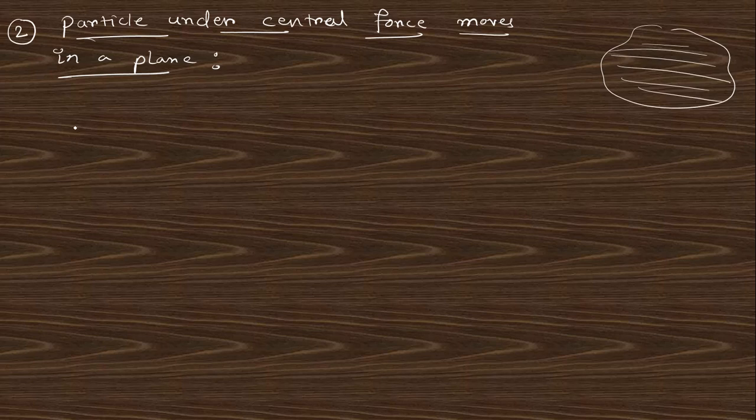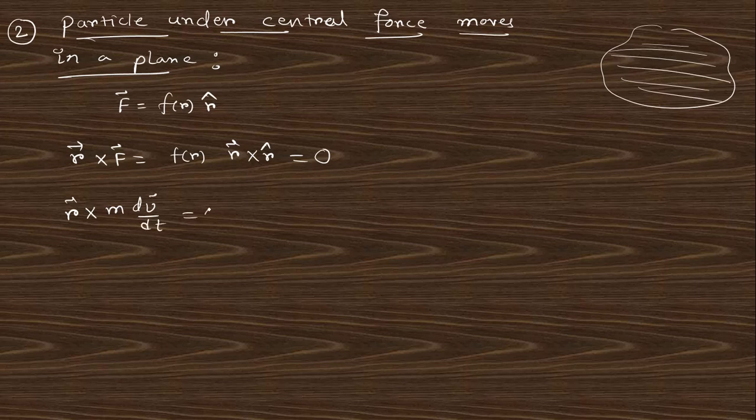Why? Because this central force can be written as f of r times r cap. Now if we take r cross f, this will be f of r times r cross r cap, which gives you 0. So r cross f, where F is m dv/dt, will be 0.